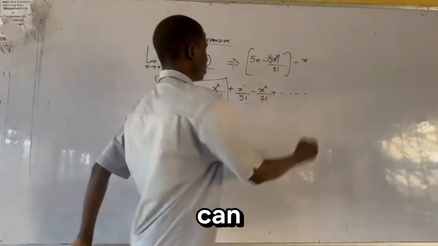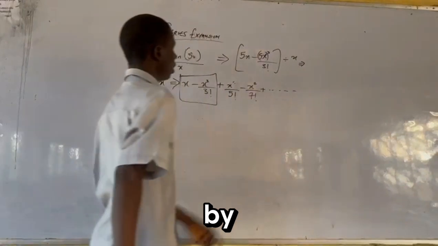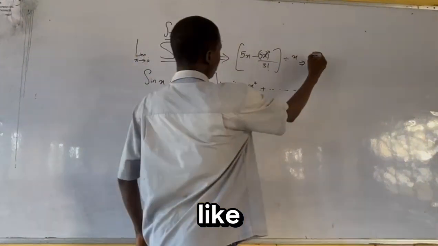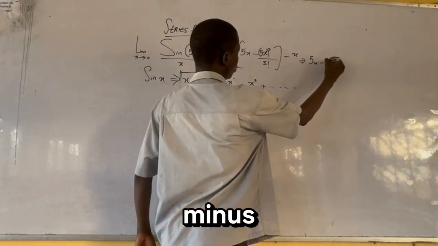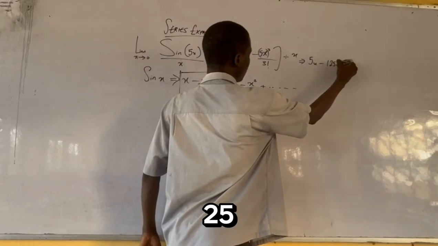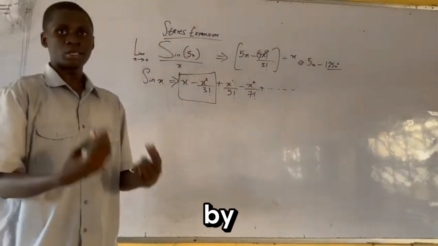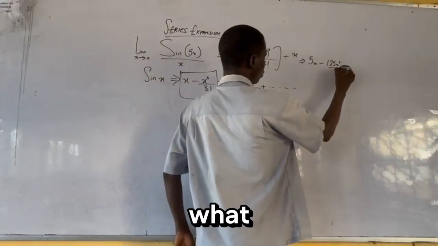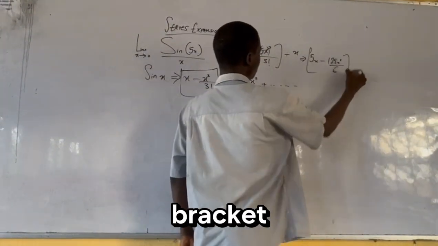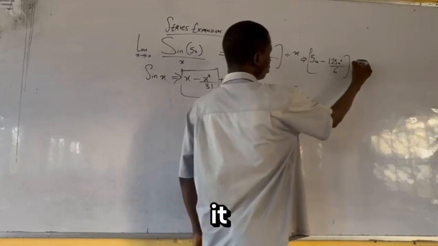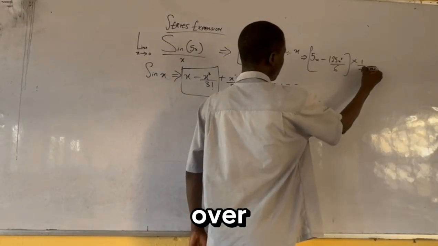From here we can simplify further, and we'll be having 5x minus 125x cubed divided by 3 factorial, which is just 3 multiplied by 2 multiplied by 1, hence 6. And we have that in brackets. Now, divided by x, turning it to multiplication, we have 1 over x.